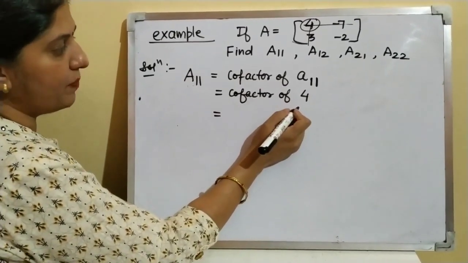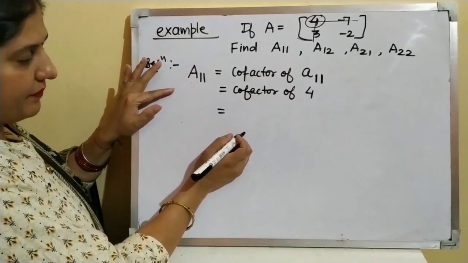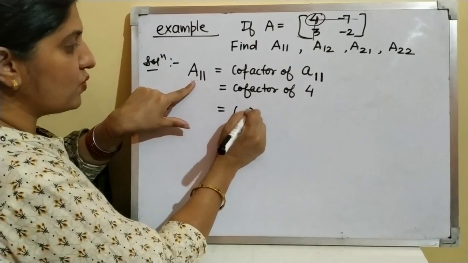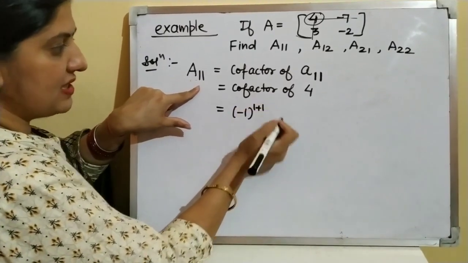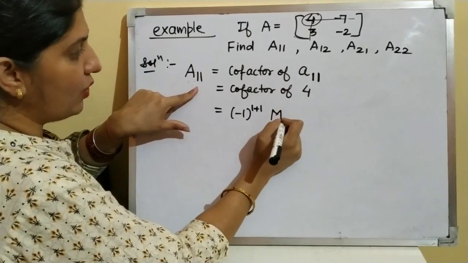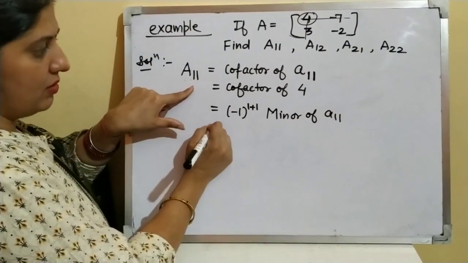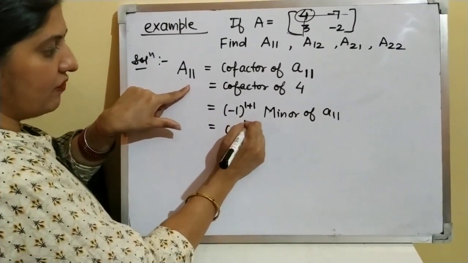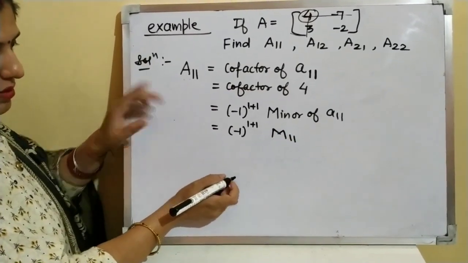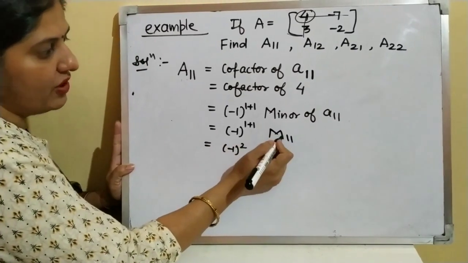Cofactor of 4 is obtained by using the formula. So what is the formula for cofactor? Minus 1 to the power sum of the suffix multiplied by minor of the element A11, means minus 1 to the power 1 plus 1 M11. So what we get? Minus 1 to the power 2 M11.